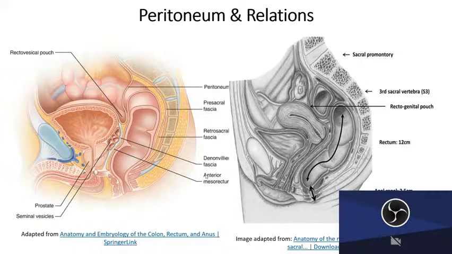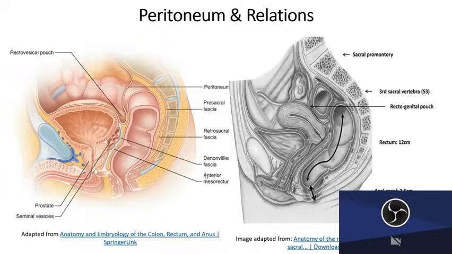Then, if you go below the level of the pouch, at the end of the peritoneum, you see the rest of the base of the bladder, the seminal vesicle, and also the prostate in males. The end of the ureter and the vas deferens can also be described as a relation, also referred to as the anterior relation of the rectum.